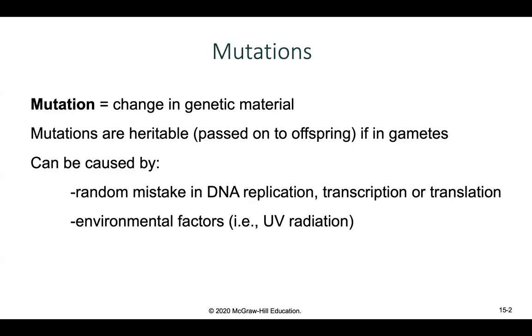If errors occur in any of that, then a mutation will likely result. Environmental factors can also cause mutations. We're not really going to get into that, but UV radiation can cause mutations. Certain toxins can cause mutations, but we're really just focusing on the basic genetic mutations.